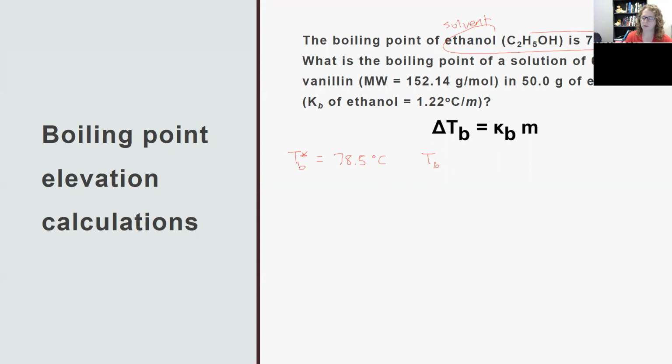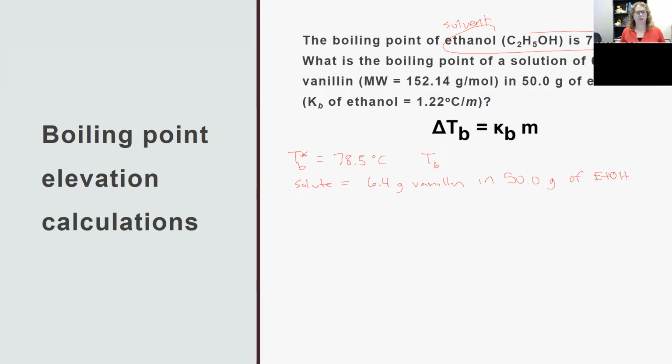But I do know that I have a solute, right? My solute is 6.4 grams of vanillin in 50 grams of ethanol. And EtOH is just an abbreviation for ethanol.